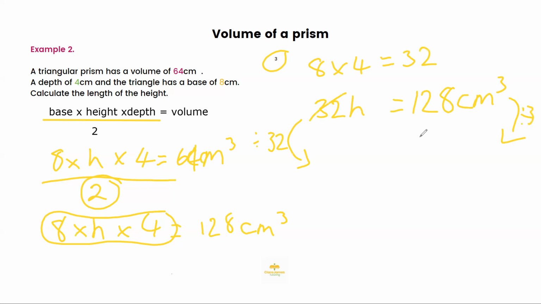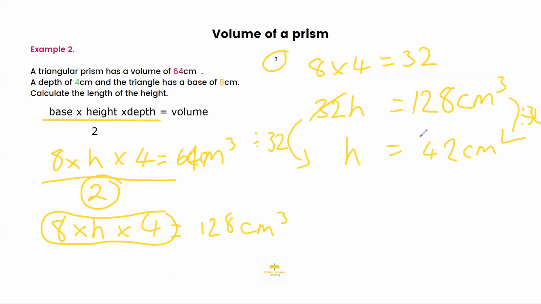And dividing by 32 would leave me with the height, and 32 goes into 128 42 times. So what am I looking for? My height is going to be 42 centimeters. That seems very big.